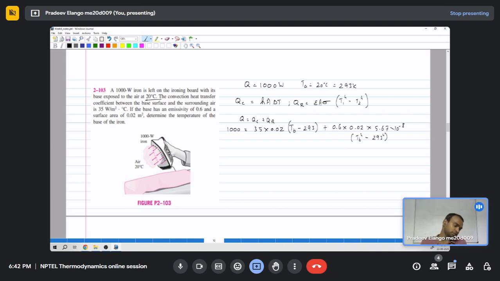So this has to be solved iteratively, or you can also use the solve function in a scientific calculator.